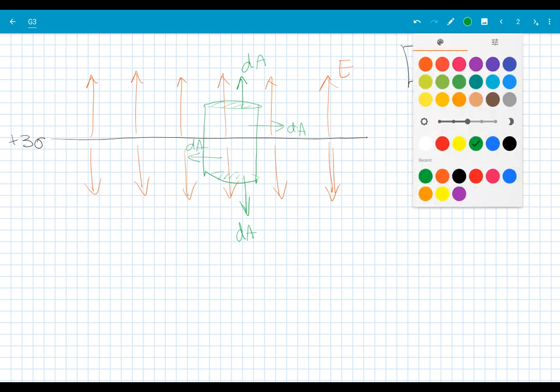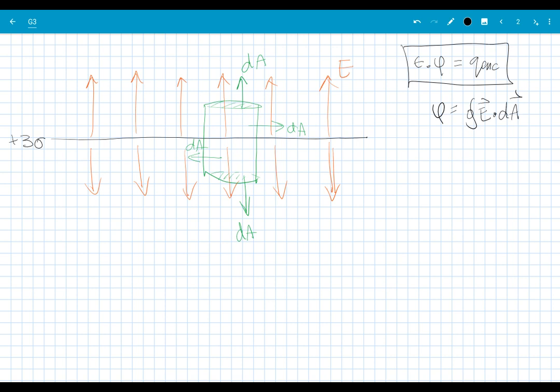If I look at my situation now, I can solve for my flux. My flux is going to be E times, well, let me draw it in like this, the integral of the dA that contributes to flux, right? So that area is going to be the area of the end caps only.